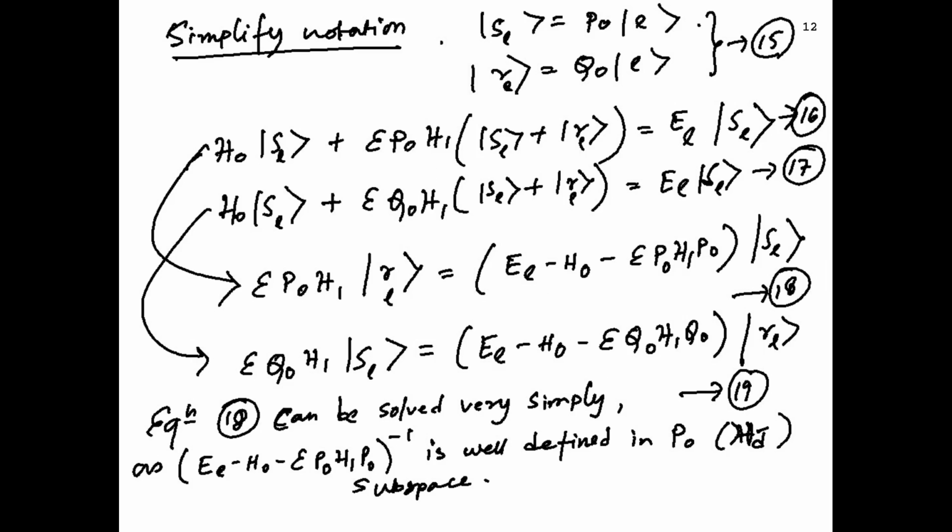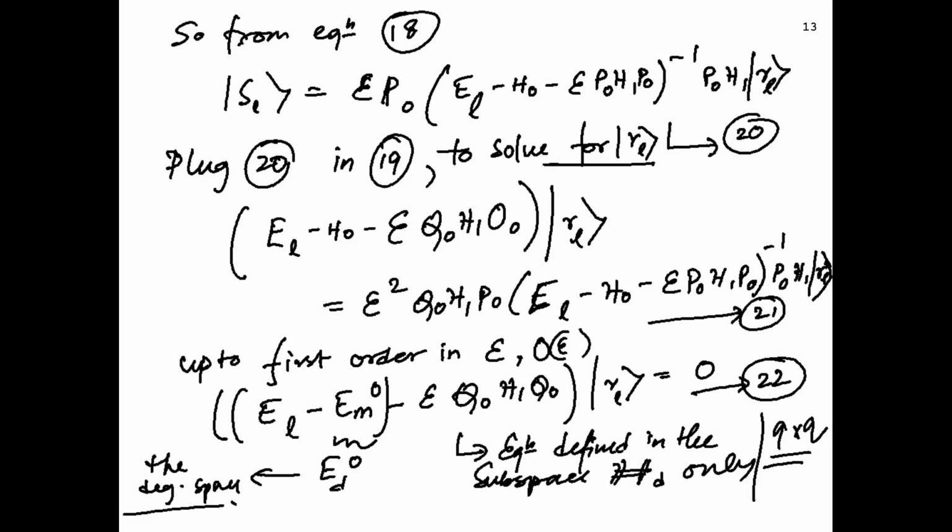So it is a vector along the unperturbed eigenkets of the degenerate subspace. So when H naught acts on RL, it will simply give me the EM naught, the degenerate states, or alternatively I will use the notation ED0 to remind that it is from the degenerate subspace.